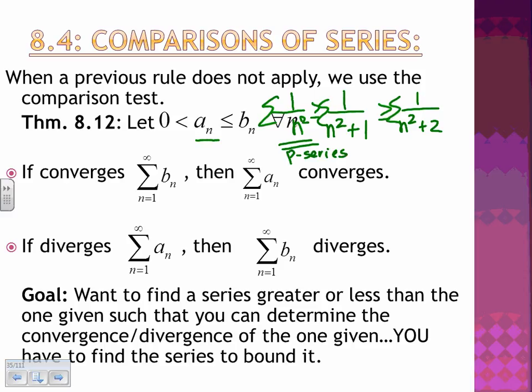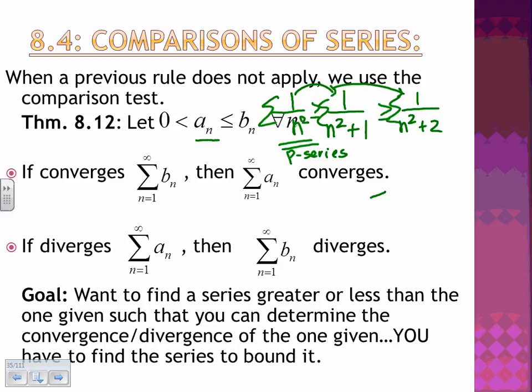And if this guy converges, and it's bigger, then what do you know that has to do? Converge, okay? So what do you know that's going to do? Converge, because it's even smaller. Now let's say that you wanted to show that something diverged. If something diverged, then what would the smaller thing have to do? Diverge.